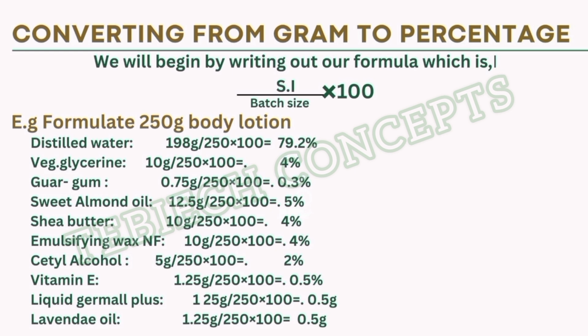We are using distilled water in that formula on the previous slide at 198 grams. So it's distilled water 198 grams divided by 250, which is the batch size of our formulation, multiplied by 100, which is the total percentage, and we'll get 79.2%.